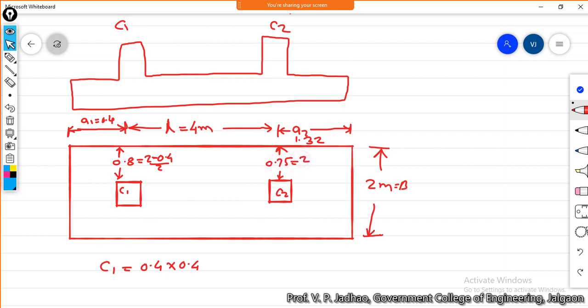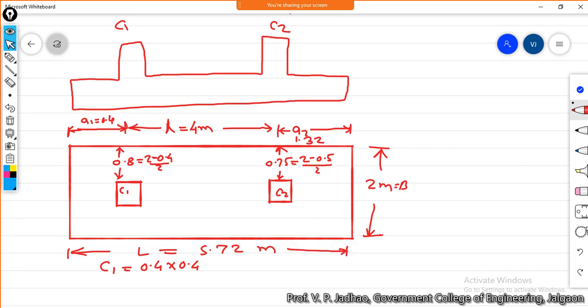So this is how our footing will look. This total length, capital L, is 5.72 meter. So these are our footing dimensions.